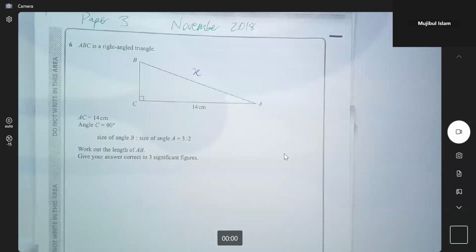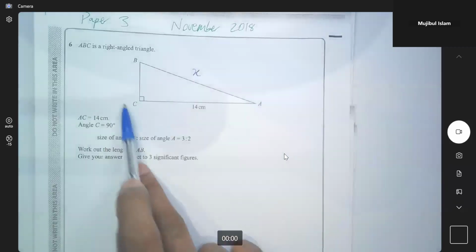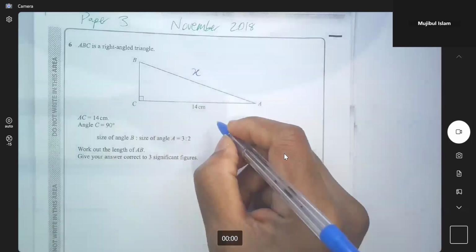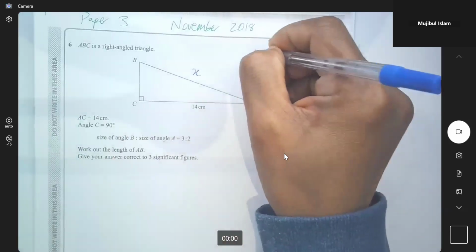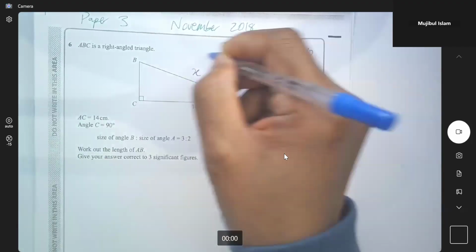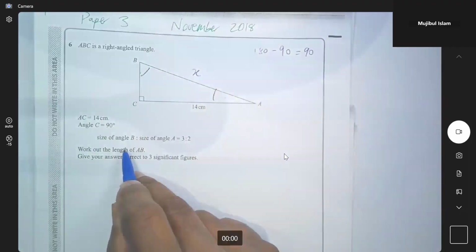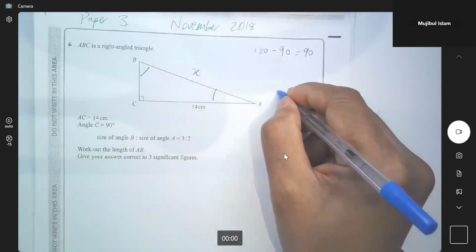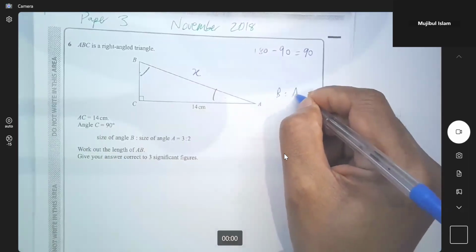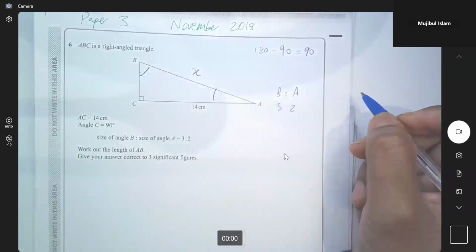Okay, so let's go through this one. You can spot that we are dealing with ratio. So first of all, angles in a triangle are 180. 180 take away 90 degrees gives me 90 degrees. So these two angles make 90 degrees. Angle B to A is 3 to 2. So we have 5 parts altogether.